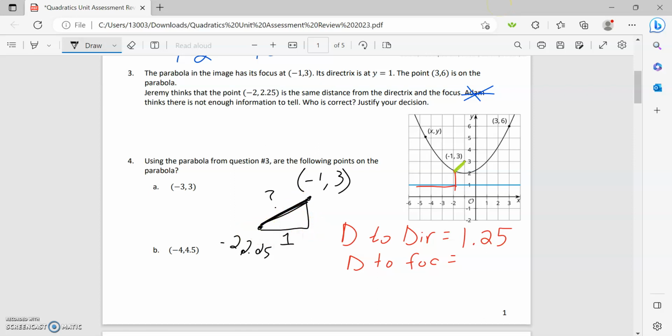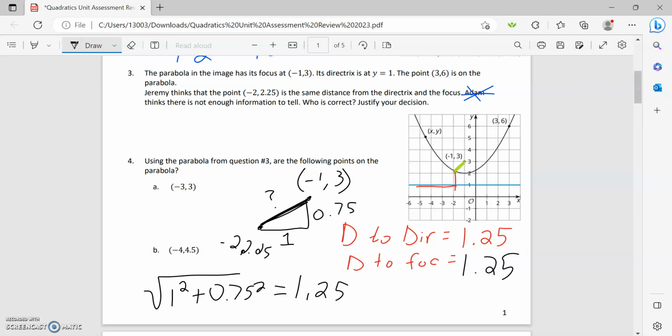That means I went a distance of 1 in the x-axis. To get from 2 1/4 up to 3, the y direction distance was just 3/4. So I can do the Pythagorean theorem and say the square root of a squared plus b squared is equal to this distance that I'm trying to solve. Well, if you plug that into a calculator, what you find is your answer is 1.25. So 1.25 is in fact equal to 1.25. So Jeremy is correct.